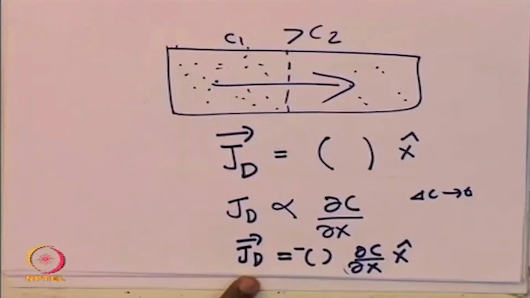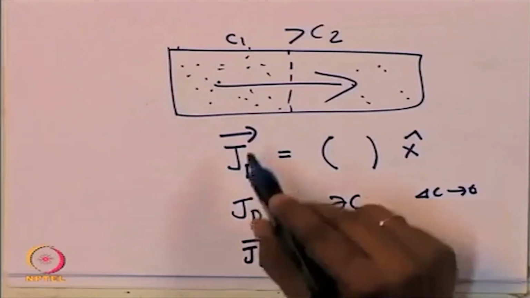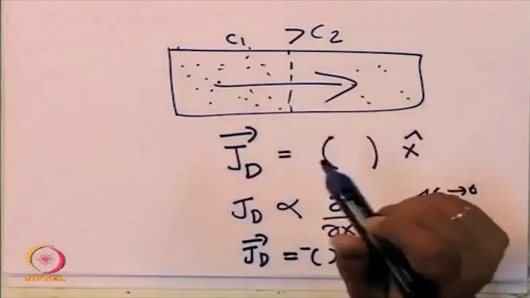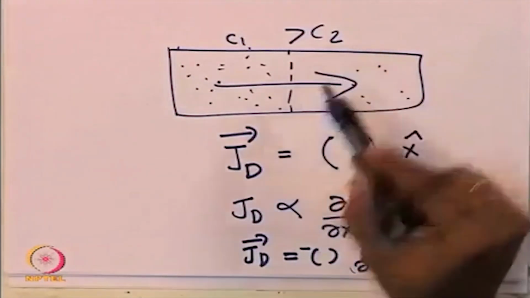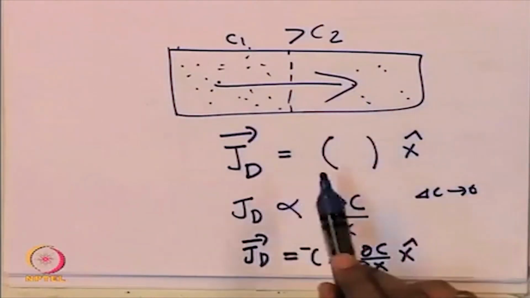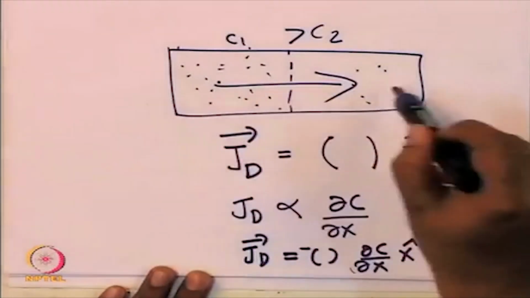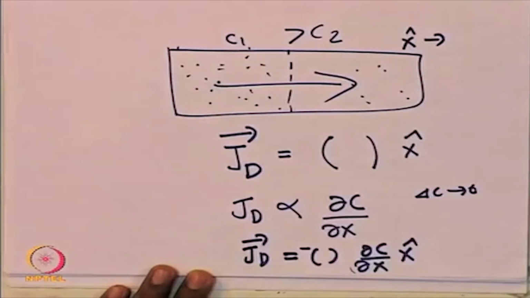So, just from mere common sense, we deduce this much. How did we deduce it? First we said that C1 is greater than C2, so it will flow from here to here. Since this is the x axis direction, we call this direction the x cap direction.